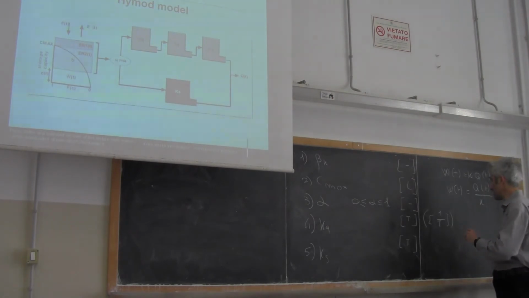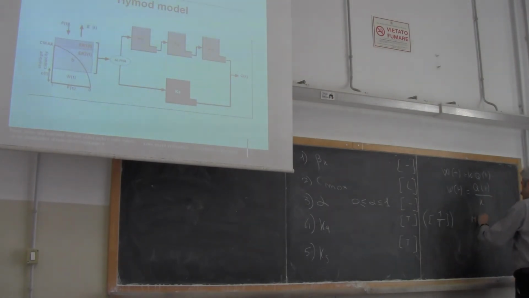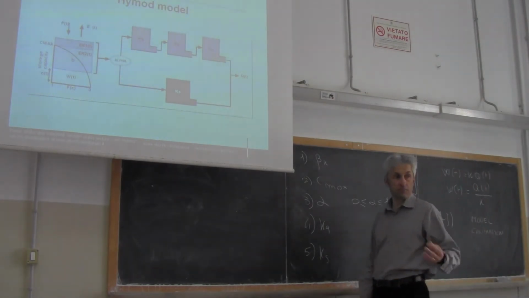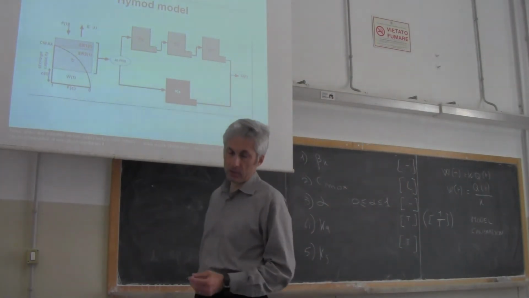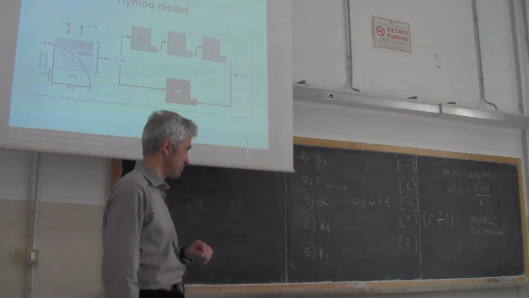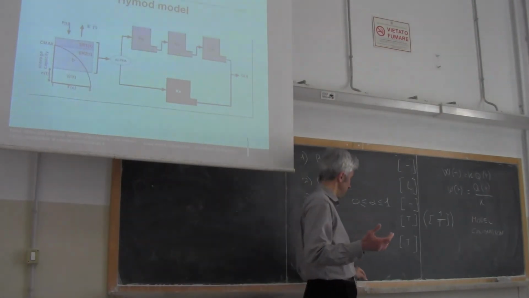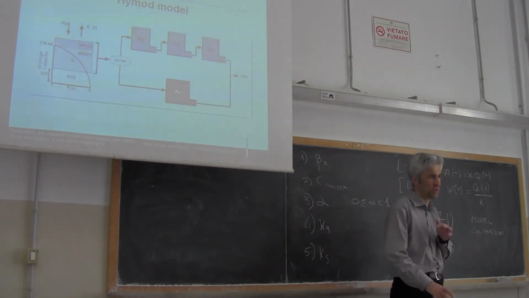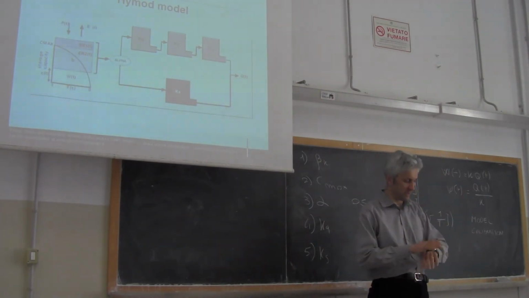These techniques are called model calibration. There are several synonyms like model optimization, model parameterization, model estimation. I will use model calibration because we calibrate the parameters, but you are free to use any of the synonyms that I mentioned.